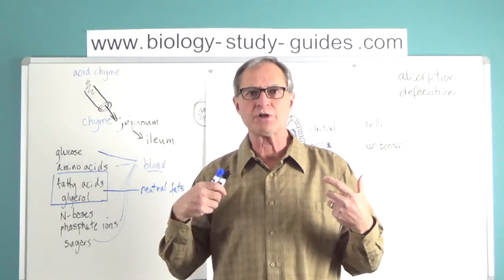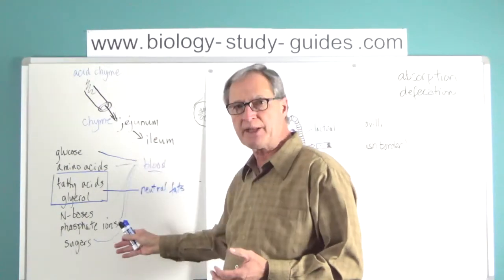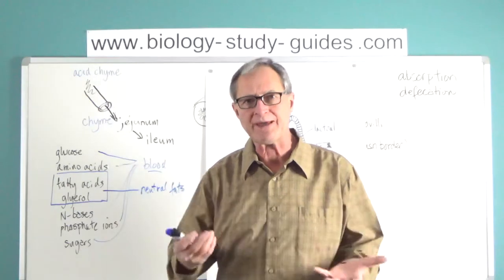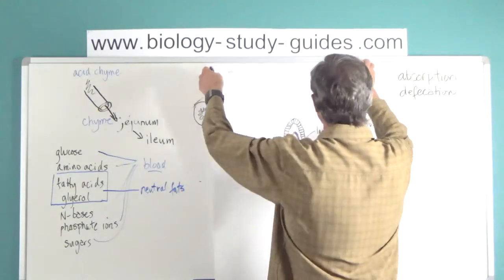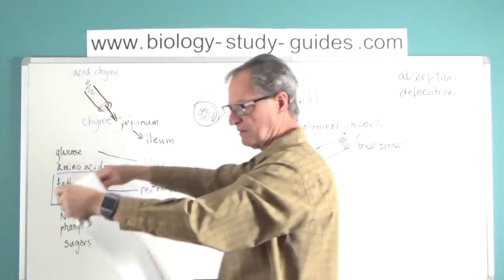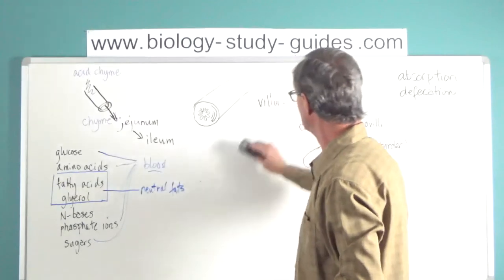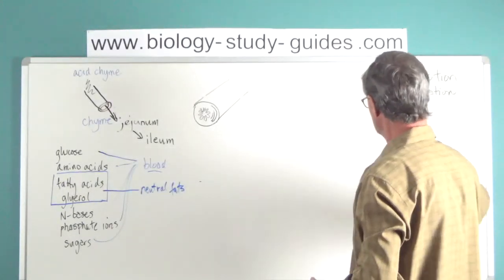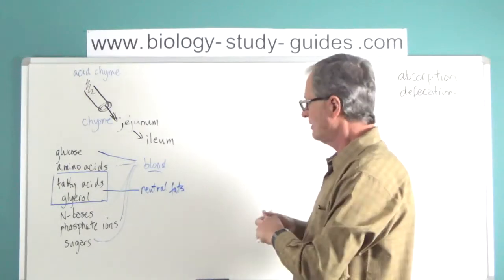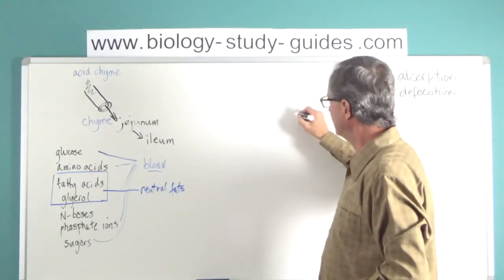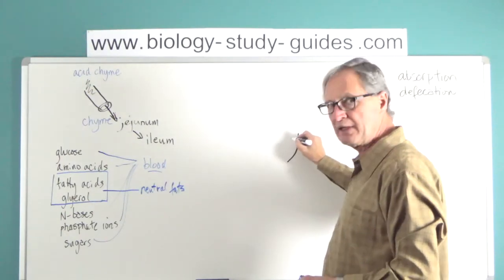We have to consider, after the absorption of the food products has taken place, what's left of the intestine. We go back and think now, at the bottom of the ileum.